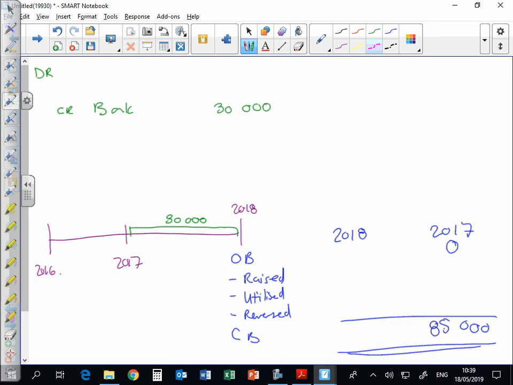Right. 9,700 related to the provision that existed in 2017, which was 85,000. Right. So of this 30,000, within those first 2 months, 9,700 related to that 85. Is everyone happy with that? Right. Do you guys agree that that is my provision utilized in the current year? 9,700.